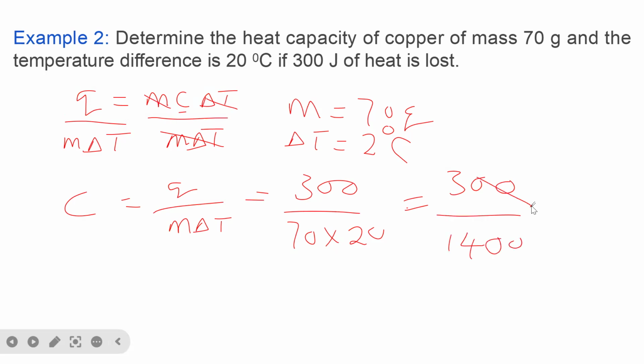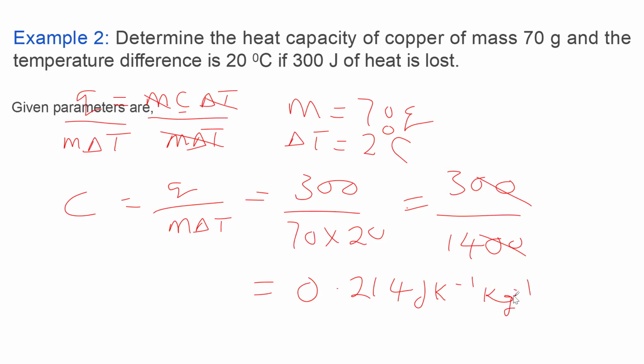And this will cancel this, so we now have 3 divided by 14. So at the end, we are going to have 0.214 joule per Kelvin per kg. So this is actually the answer.